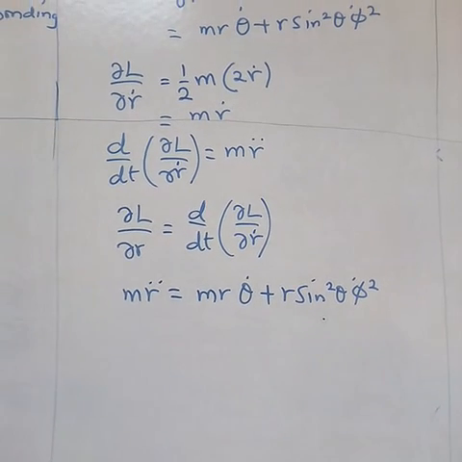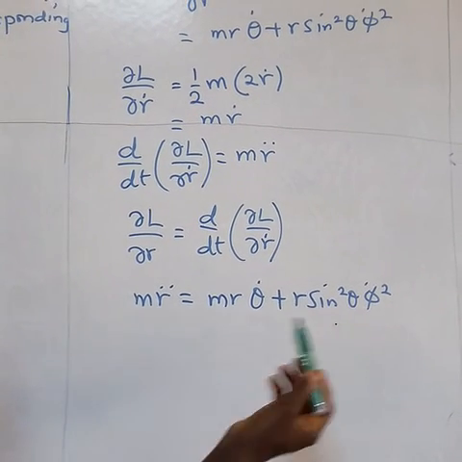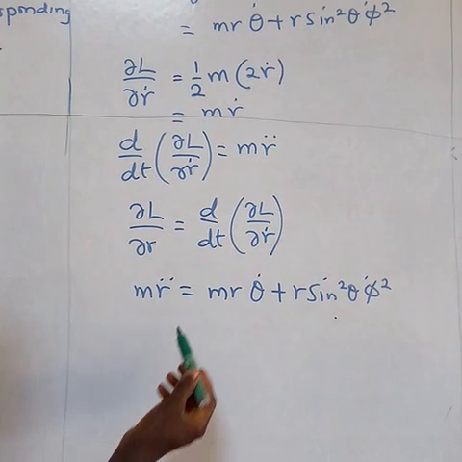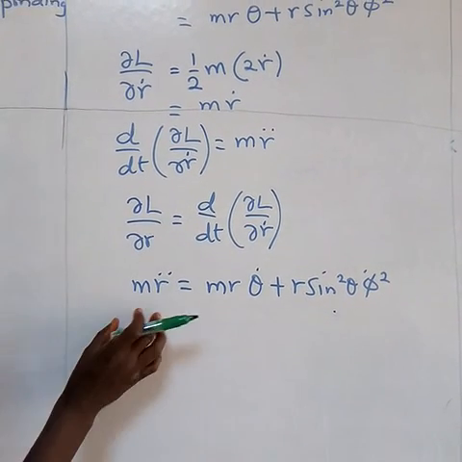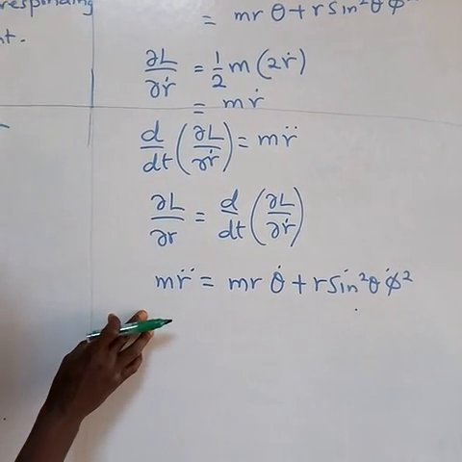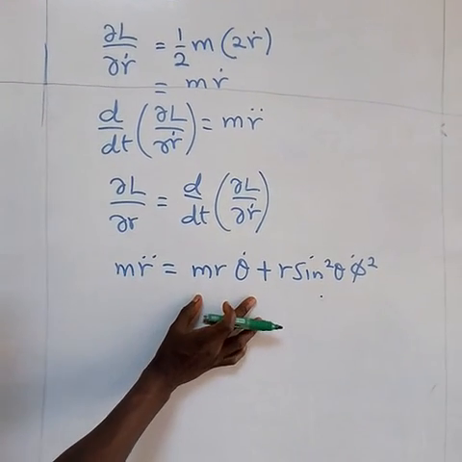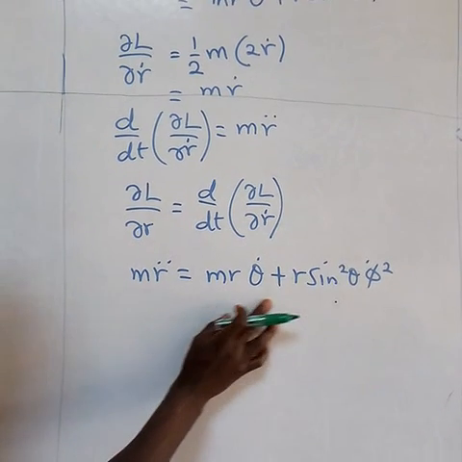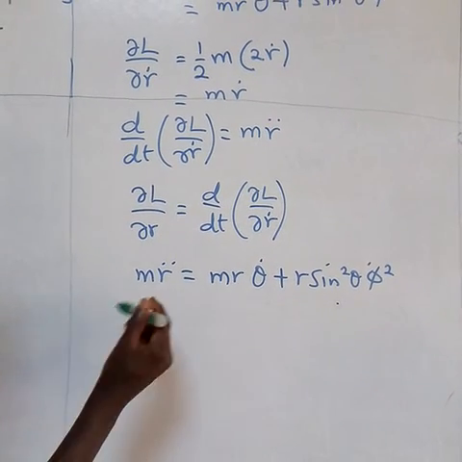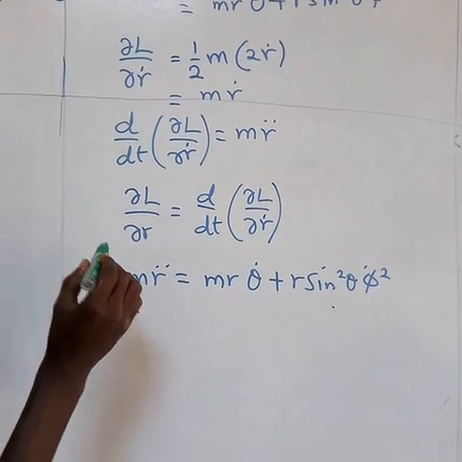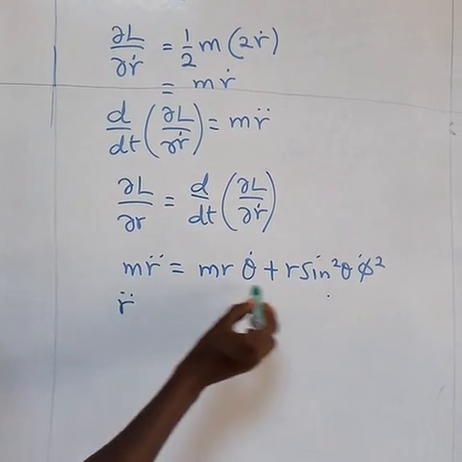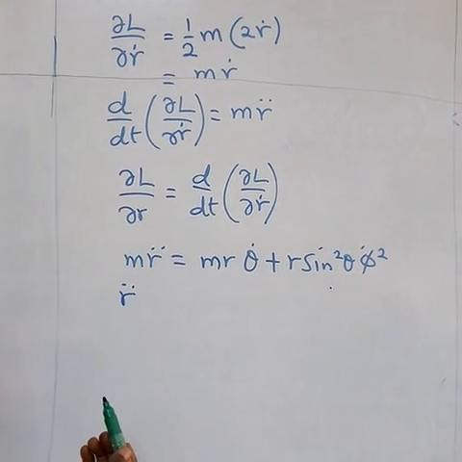From this expression, since we are done, this one actually represents the force, while this one represents the centrifugal force. But what is our r double dot? It means we are going to divide all through by m.